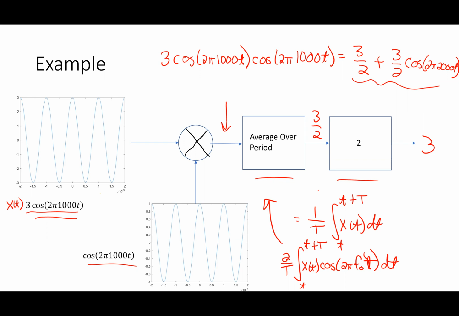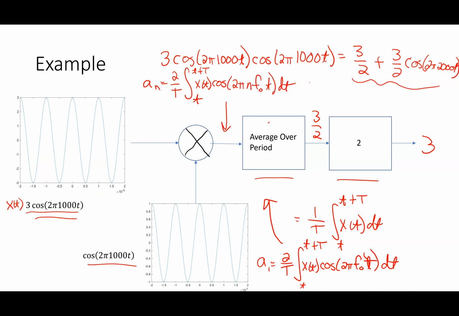Again, there's a way of deriving that to show that's how you figure out a sub 1. And I can generalize that to say the way I figure out a sub n is 2 over T, integral from t to t plus capital T of x of t cosine 2 pi n f naught t dt, like that.